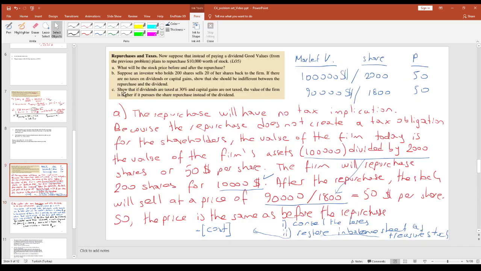So last one, show that if dividends are taxed at 30% and capital gains are not taxed, the value of the firm is higher if it pursues the share repurchase instead of dividend. Let's prove this.